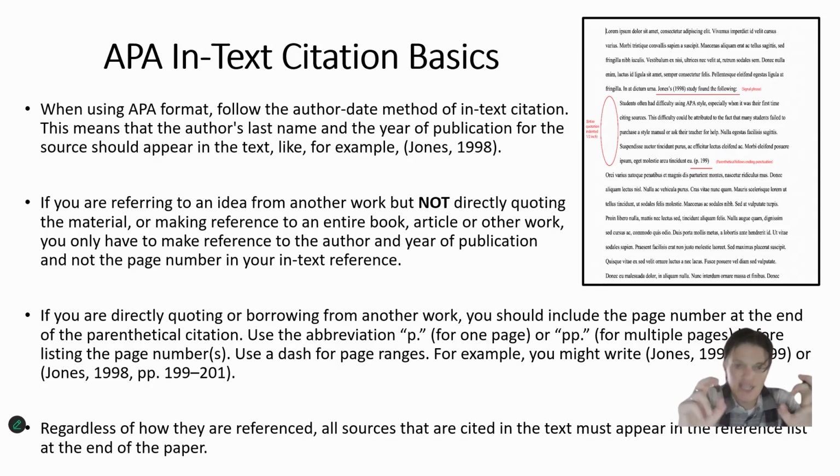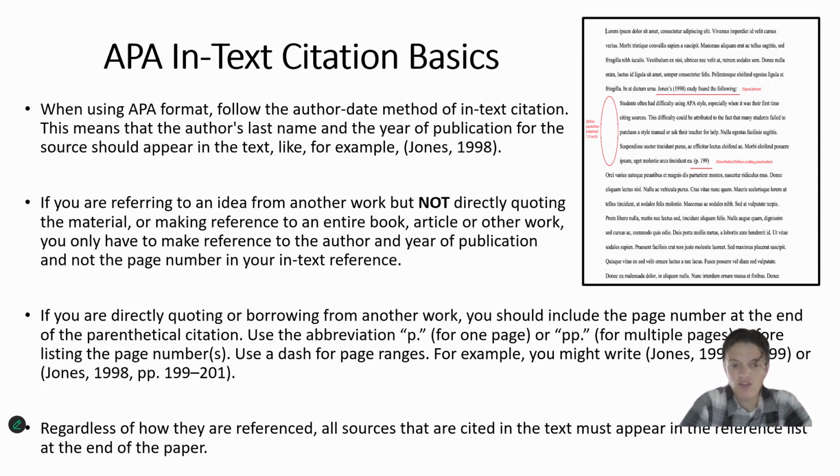Use the abbreviation p. for page or pp. for multiple pages before listing the page numbers. Use a dash for page ranges. For example, you might write Jones, 1998, p. 199, or Jones, 1998, pp. 199-201. So if you're using quotations, you always want to include the page numbers.